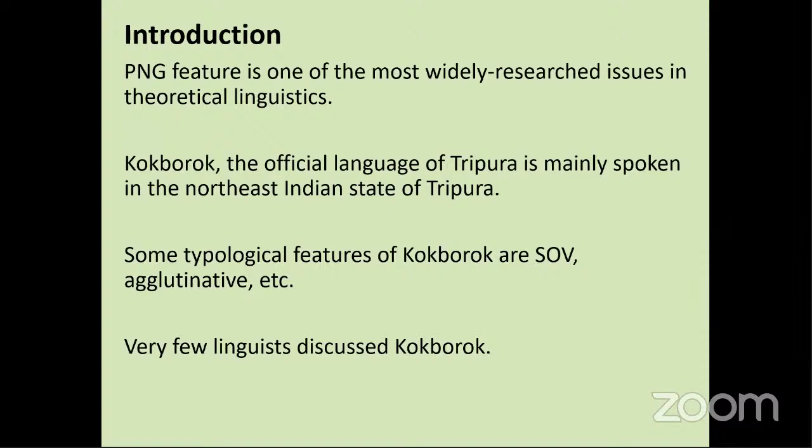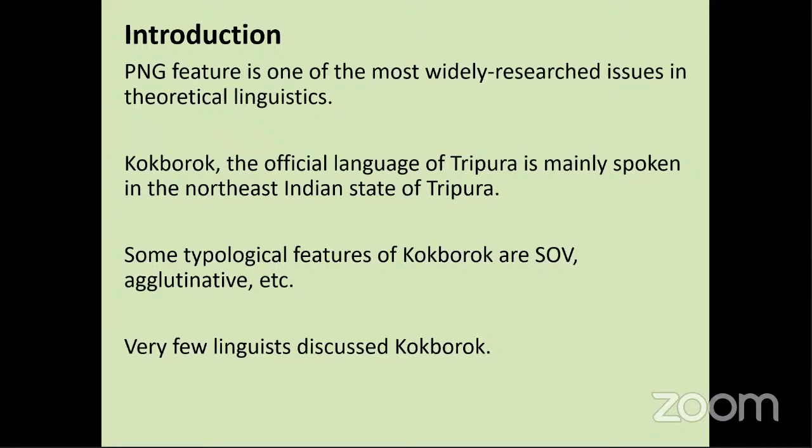Grierson 1903 puts Kokborok under the Bodo-Naga group. According to Burling 2003, Kokborok is classified under the Bodo group of languages, now called Bodo Koch, a branch of the Bodo Konyak Jingphaw subgroup of the Tibeto-Burman subfamily of languages.